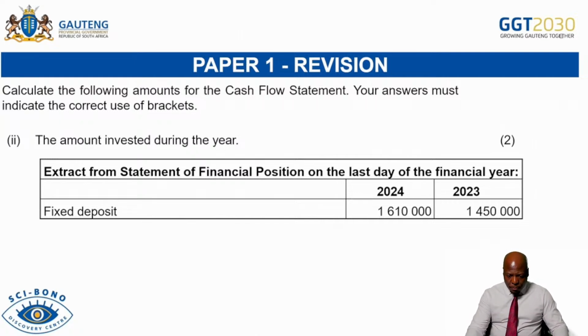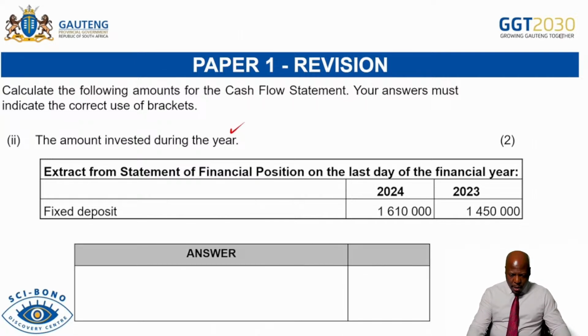Then the next one says, calculate the amount invested during the year. So we're looking at the fixed deposit. In 2023, it was 1,450,000. In 2024, it is now 1,610,000. That means we've invested some money. In the cash flow statement, this will be under your investing activities.